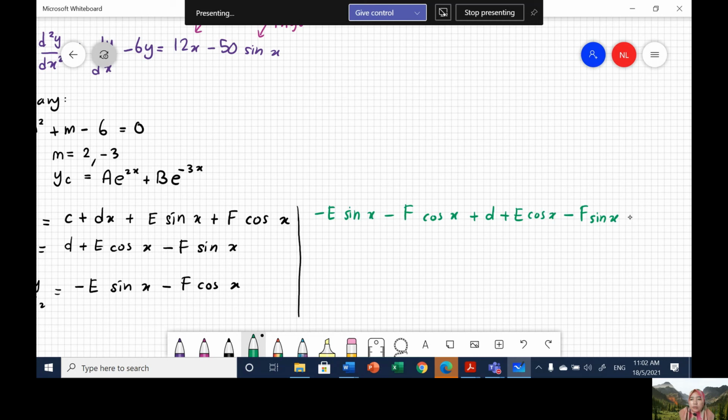Then we have minus 6y, so we put minus 6 times yp, and then equal to the right hand side.